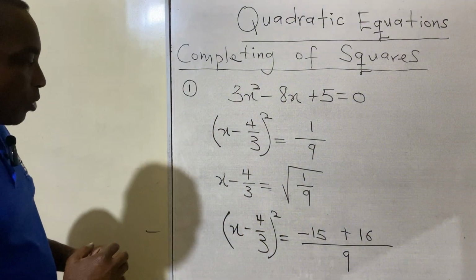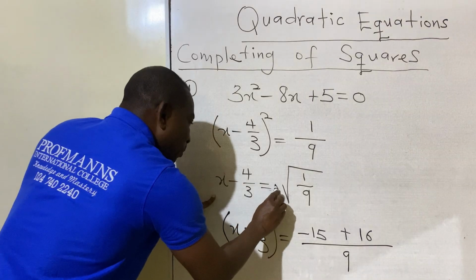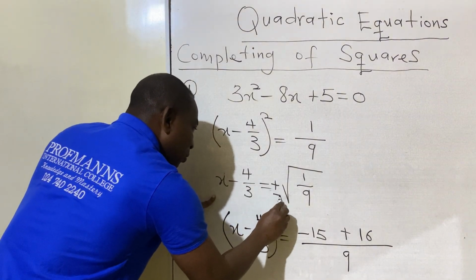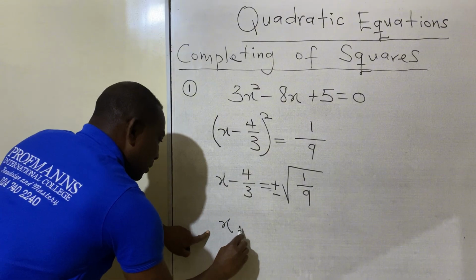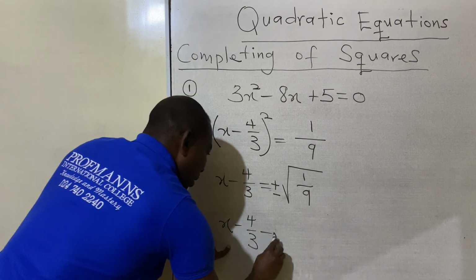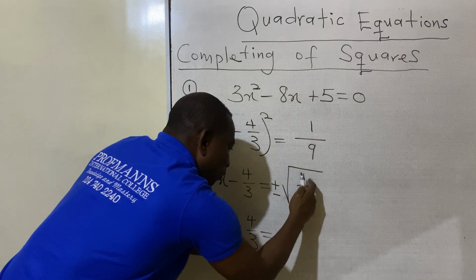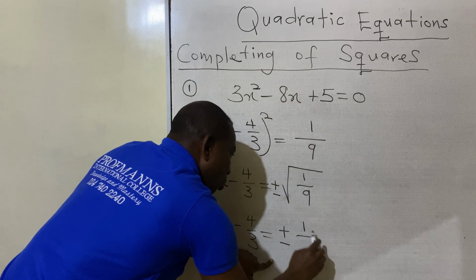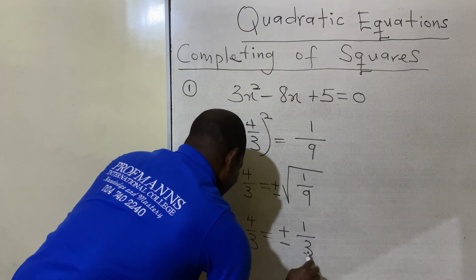Anytime you find the square root of a number, the answer you get is always plus or minus. So here we get x minus 4 over 3 is equal to plus or minus, the square root of 1 is 1, over the square root of 9 is 3.